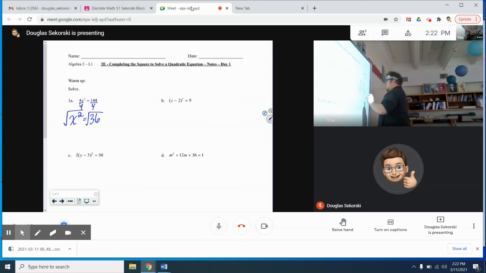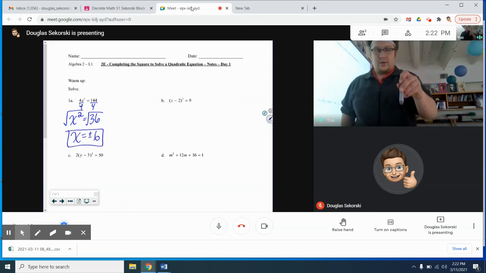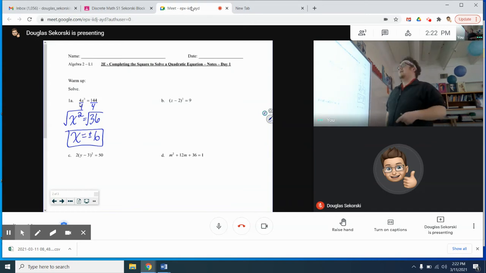And you take the square root of both of those and you get x equals plus or minus 6. Please make sure that in your answer you had plus or minus because we are solving. So 6 would work or negative 6 would work. Right? So that one was easy because it was just a single quadratic equal to a number.